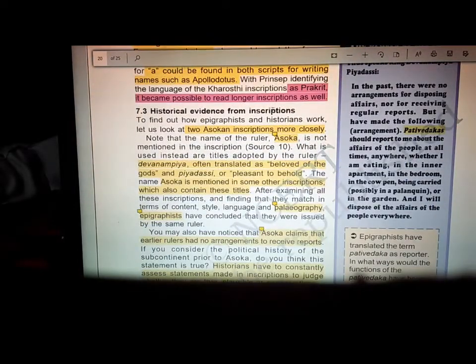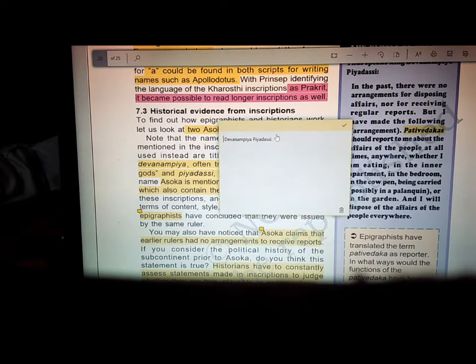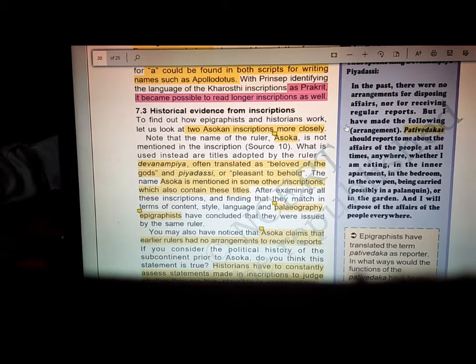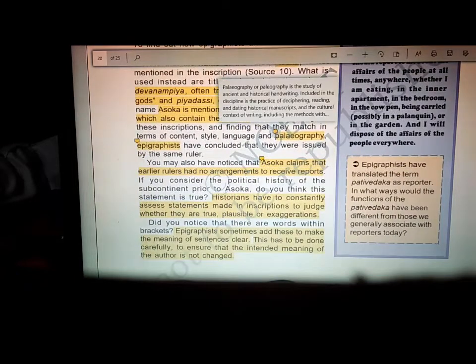Here the next heading is historical evidence from inscriptions. What type of historical evidence did we get from these inscriptions? Now we have studied about Ashoka. There you studied that in most of the places, where we were reading about the Brahmi language, and as well in other inscriptions, they have used the word Devanampiya or Piyadasi for Ashoka. They have not written the word Ashoka. They have discussed Piyadasi. Okay, and paleography means the study of ancient historical handwriting.